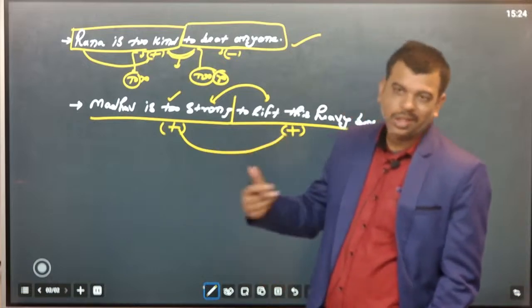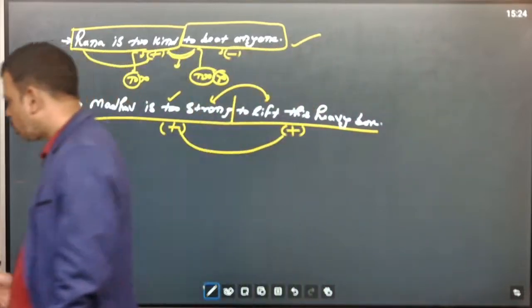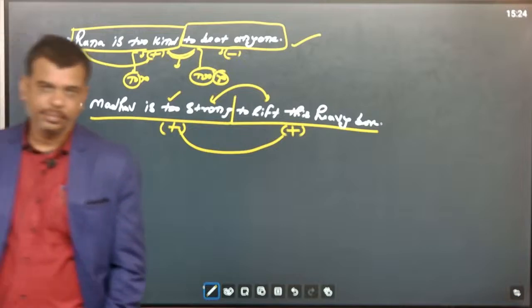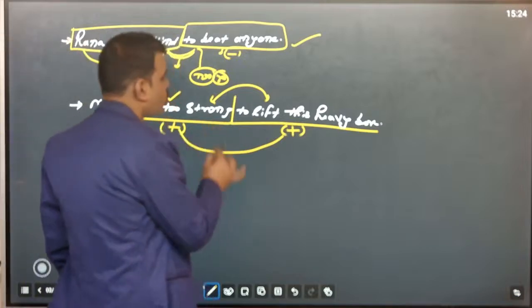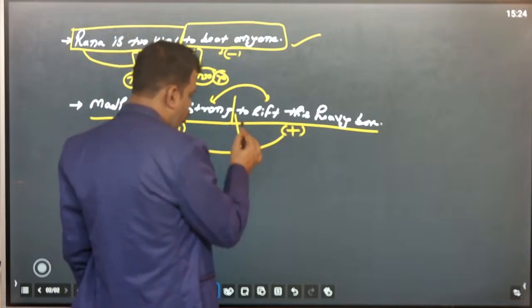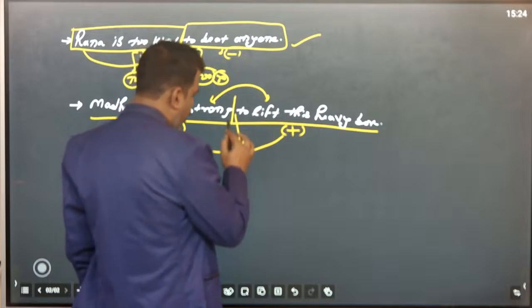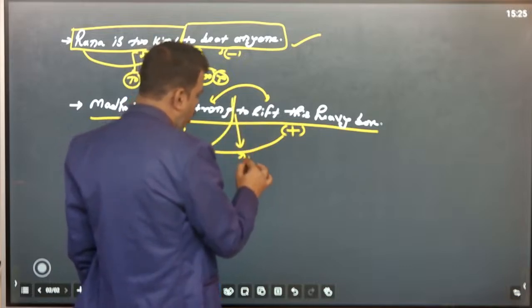So what is the method to correct the statement? Here Madhav is too strong, and if we have both sides positive, we must add not before to after the adjective clause.